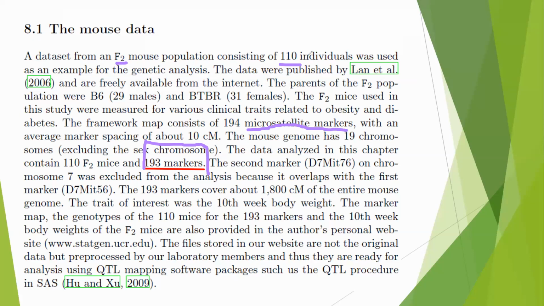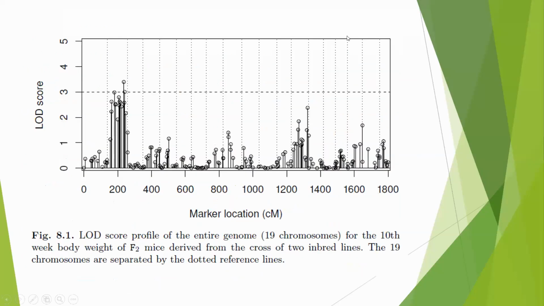So this is the data. If you are interested in how QTL mapping was used to analyze this data set, you can find Dr. Xu's paper published in 2009, and you're going to see some results in that paper.